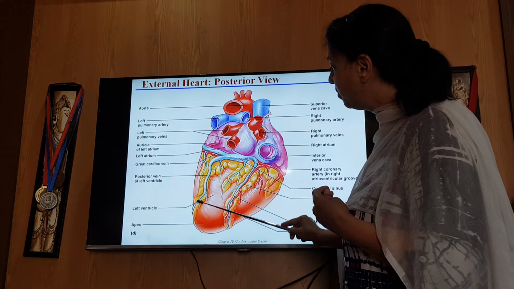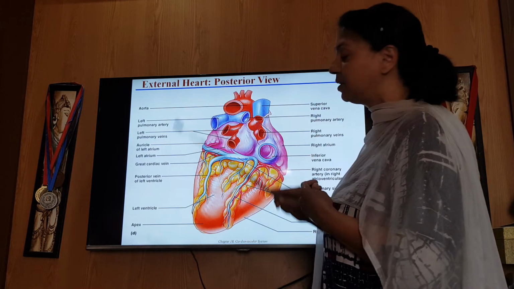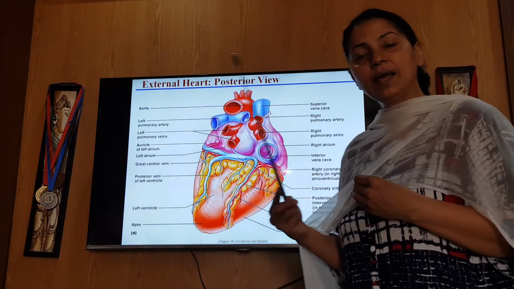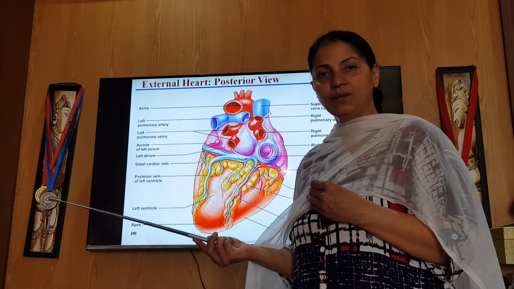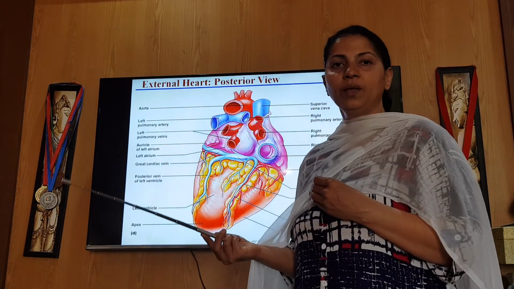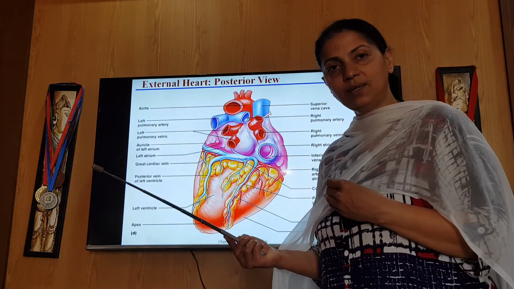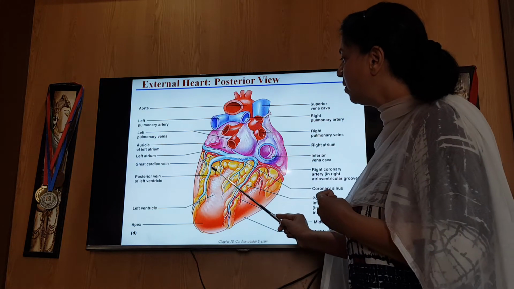We will find one more vein here. What is this? Posterior vein of left ventricle. Just like on the anterior aspect, when we saw the anterior surface of the right ventricle was drained by a vein, isn't it? So here it has to be also drained.